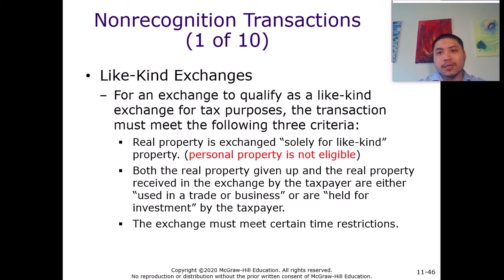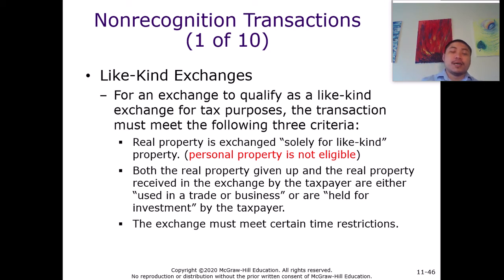So it cannot be a piece of property exchanged for a truck or a piece of machinery. It has to be property exchanged for like-kind property, and it cannot be personal property. It has to be real property exchanged for real property, right?